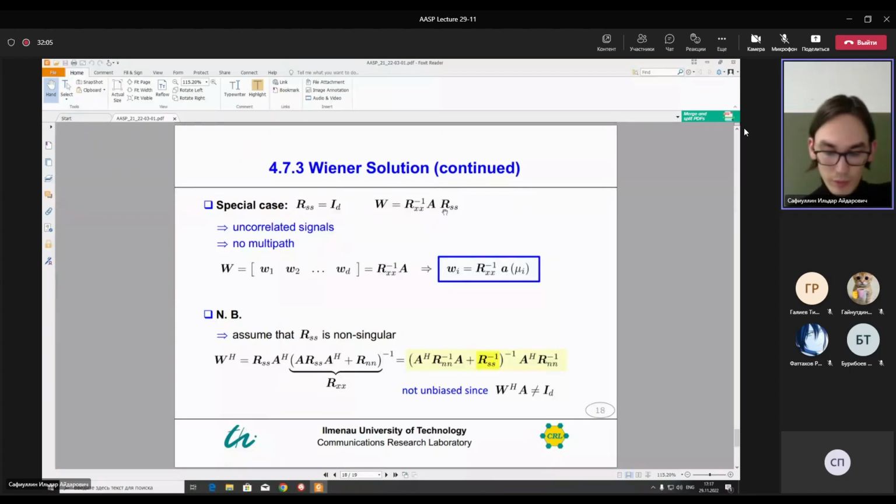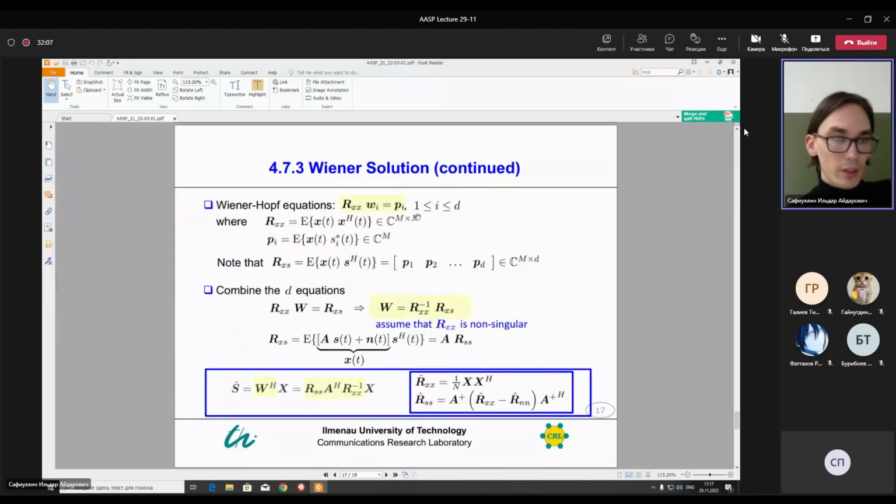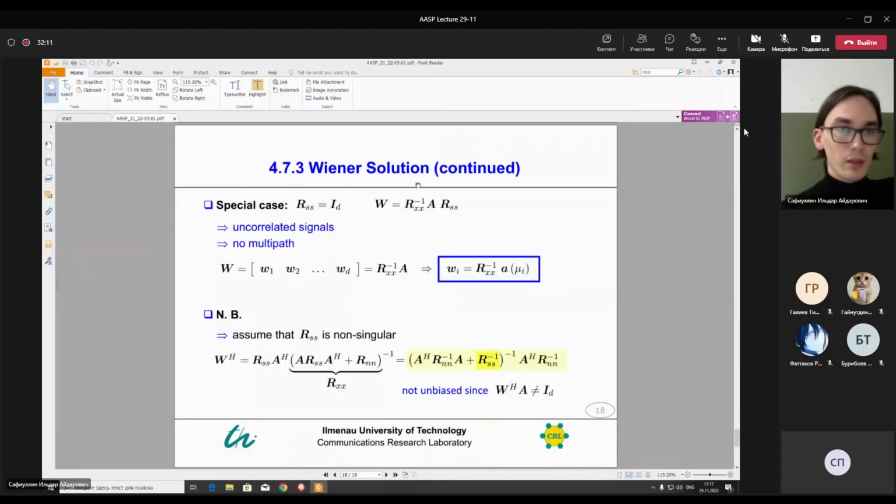Before, we use the Hermitian of it, so RSS, A Hermitian, inverse of Rx, here we have inverse of Rx, A RSS. So we put the identity matrix for RSS here, and we'll have only the inverse of the correlation matrix of the measurement times our array steering matrix.